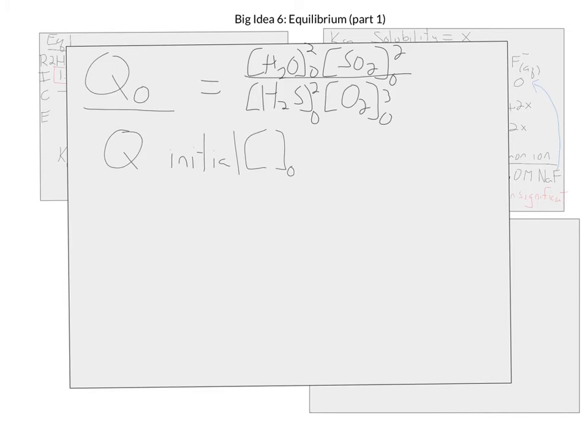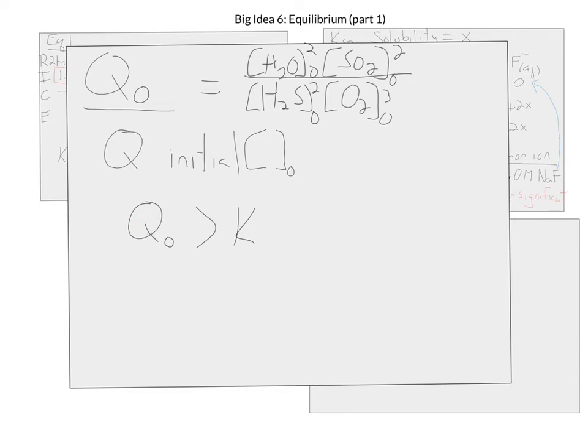comparing it to K. And if our Q value is greater than the K value, that means initially we have more product than we need because it's product over reactants. So my bigger number has more products, and this is my initial set of conditions. So initially I have too much product.